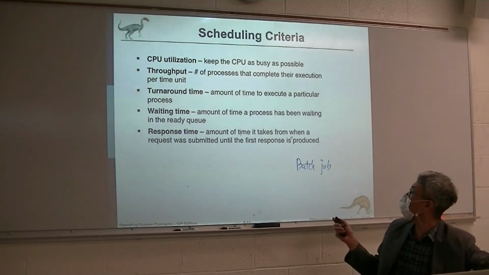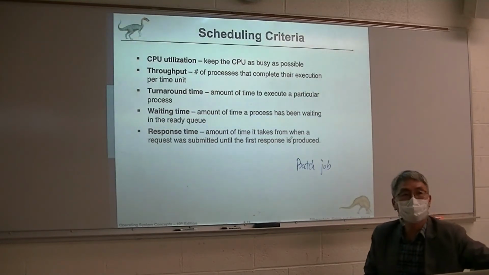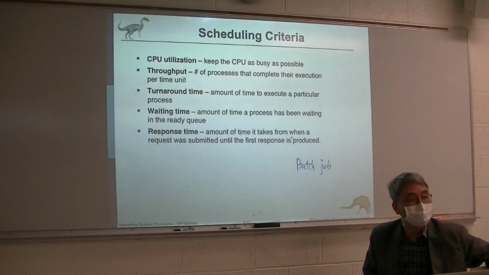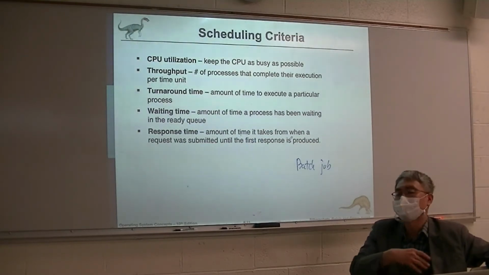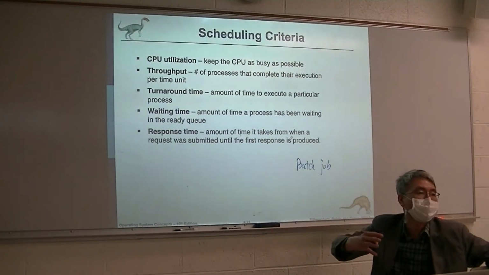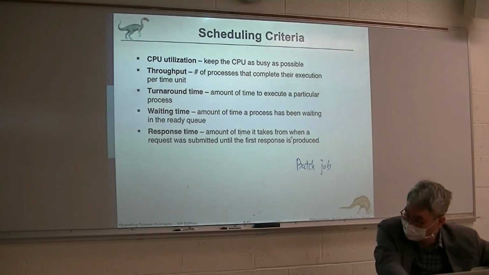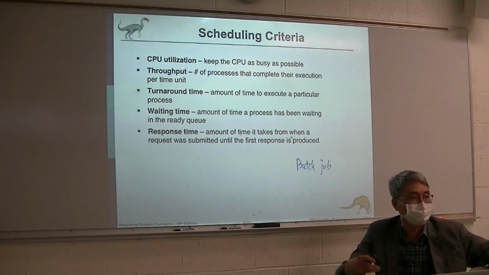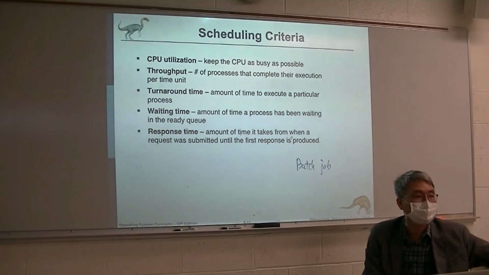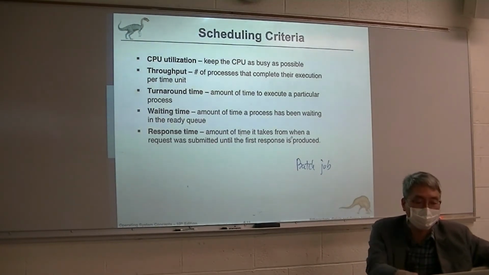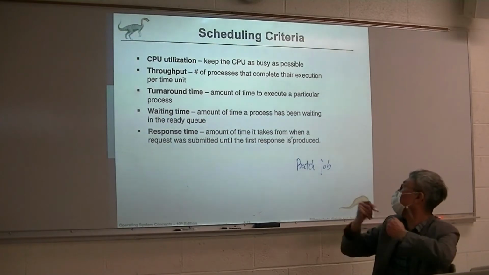However, this one doesn't tell us everything. For example, even though you process many transactions a day, each transaction may have a lot of delayed waiting time. Let's think about stock market trading. In stock market trading, batch jobs are not important.